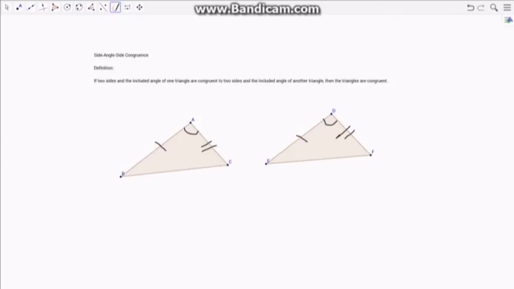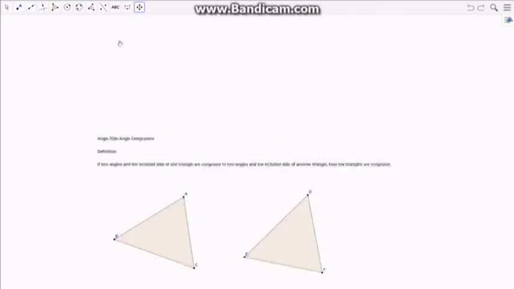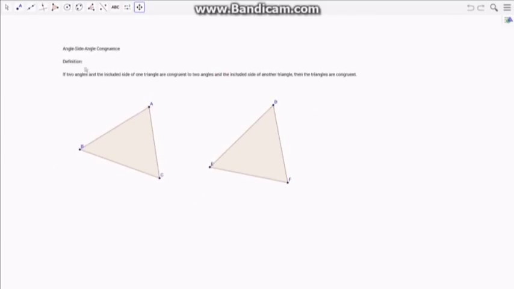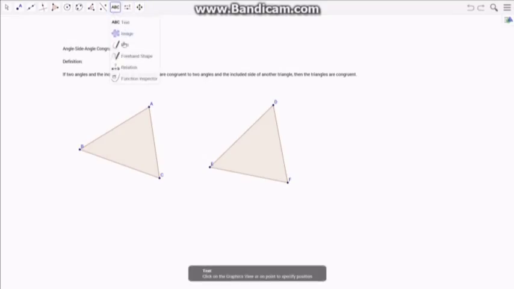Let's proceed to another theorem, angle-side-angle congruence. The theorem states that if two angles and the included side of one triangle are congruent to two angles and the included side of another triangle, then the triangles are congruent. How do we illustrate that? Let's use the pen again.